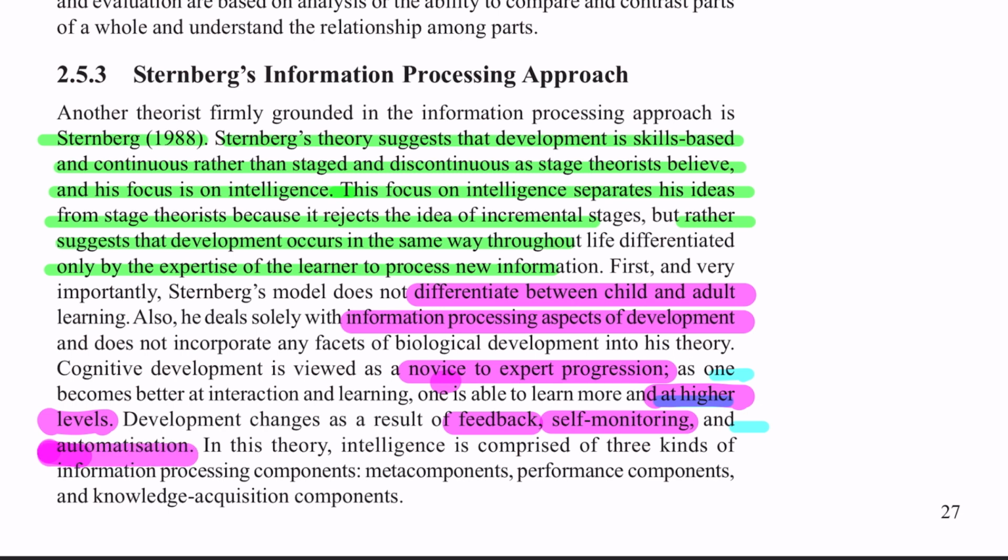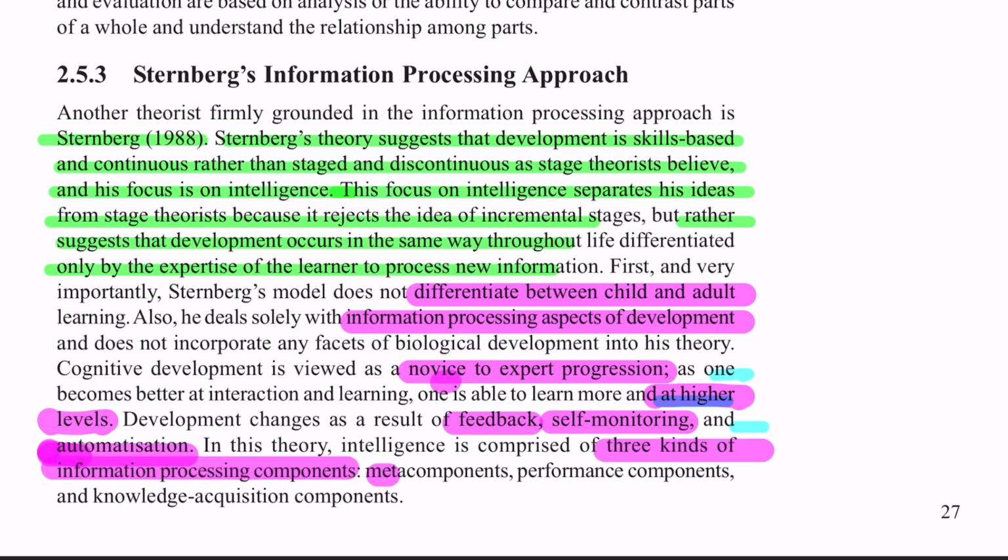Suppose when we start learning a language, like Hindi or English, first we learn A, B, C, and then we learn CAT, BAT, and then we learn grammatical rules, and now we are fluent. So it becomes automatic.